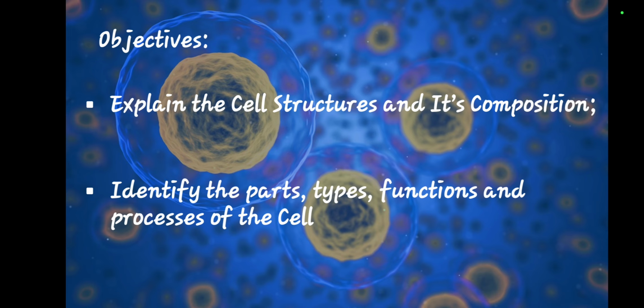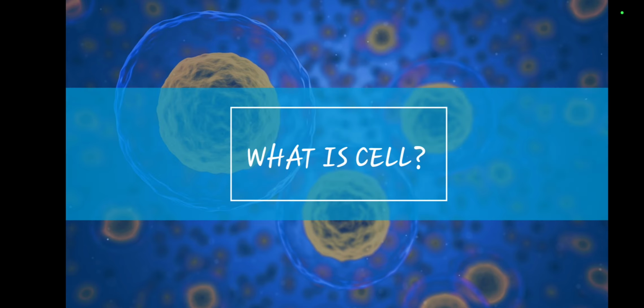That is our main goal for today. We will unlock the cell structure, know the composition, and define and explain some parts, some types, and the location of the parts in the different types of cell. With that, let's now begin to discuss the cell.